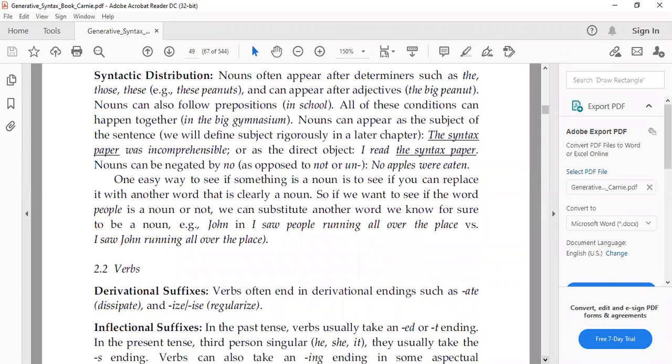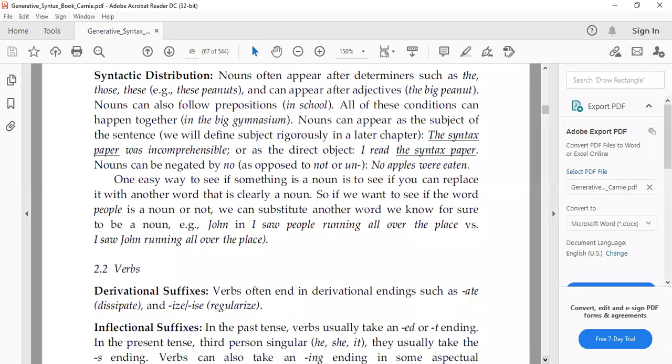It means that each part of speech has its position in the sentence. It appears in certain places. So nouns appear where? Usually at the beginning of a sentence as a subject, after determiners, after adjectives. So these things help us to determine the part of speech of a word.